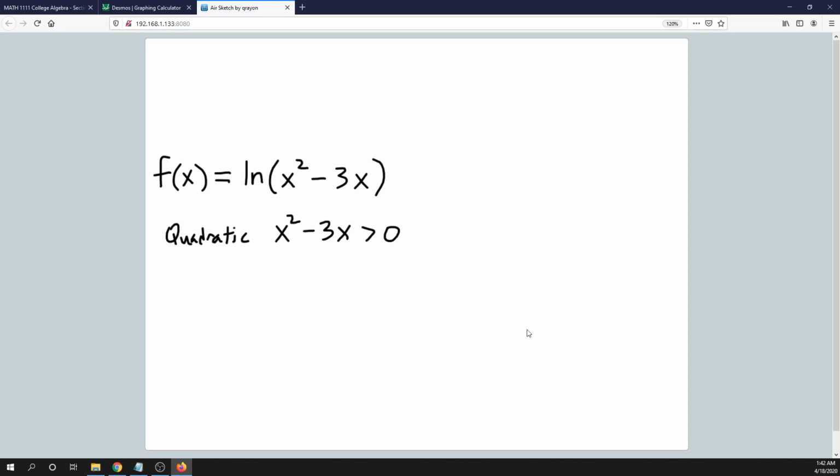I can tell because it has this x squared. In the previous example, that was a linear function. This is a quadratic. So to solve a quadratic inequality, what you would need to do is replace the inequality sign with an equal sign and solve the equation first.